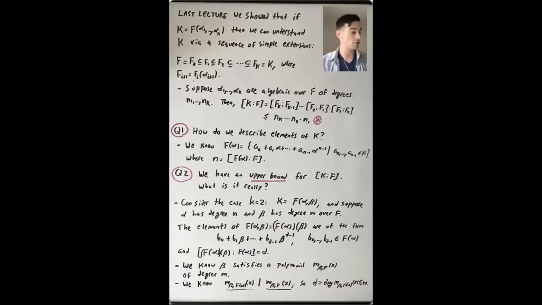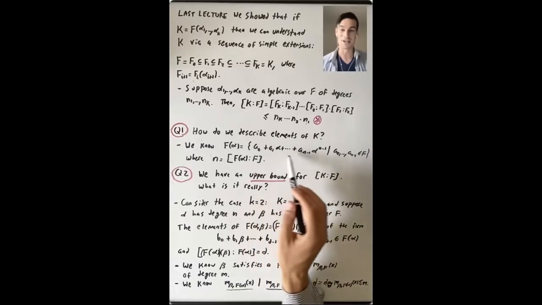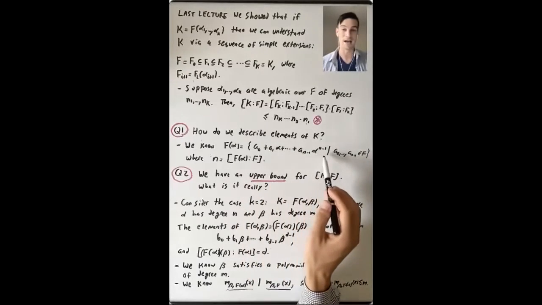Okay, so I'm going to pause and erase. I'm going to talk a little more about this. And then we'll see how you can use this description of the elements of the field generated by alpha and beta over F to get a more concrete description of the elements, taking these coefficients in F adjoin alpha and rewriting them using the fact that we know what elements of F adjoin alpha look like.